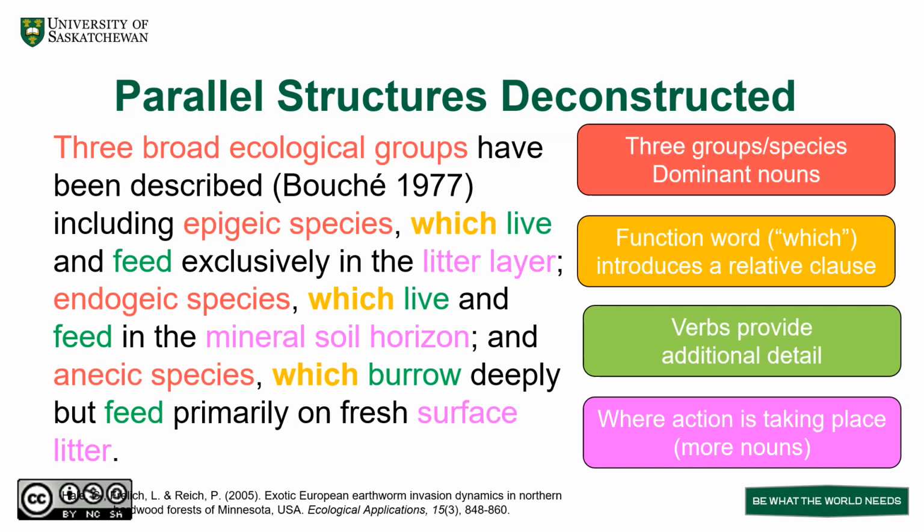And so this is a very strong authorial choice to control when that pattern is going to become disrupted and manage it appropriately. And then we have a bit more information about where the action is taking place. So we have reference to the litter layer, the mineral soil horizon, and that surface litter.